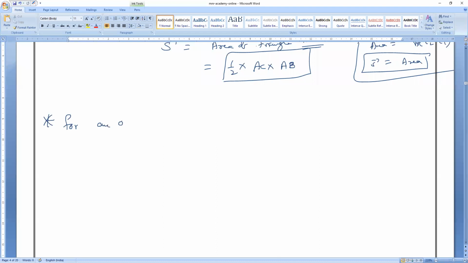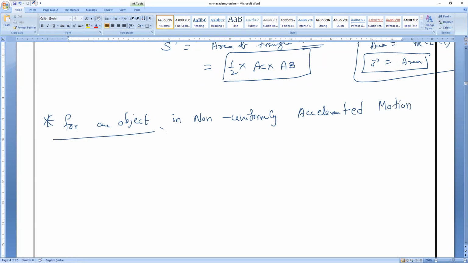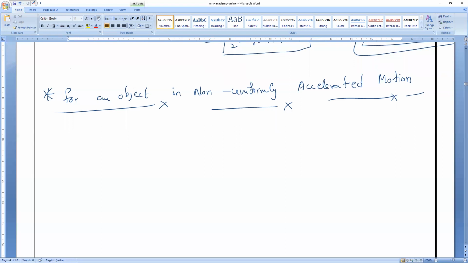For an object in non-uniformly accelerated motion, you might have understood how to find the acceleration for non-uniform motion. Before, we also studied the velocity case. If you want to find the velocity in non-uniform motion, what have we done? Verify your notebooks and tell me. Either it is increasing or decreasing, non-uniform. What will we do? At a particular point, we will draw what?